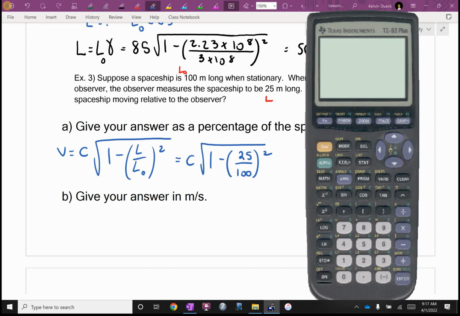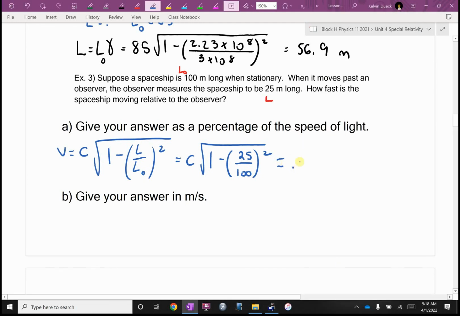Anyways, it's going to be the square root of 1 minus bracket 25 divided by 100, close bracket, all squared, close bracket. I get 0.9682. So 0.9682 C. What percent of the speed of light is that?